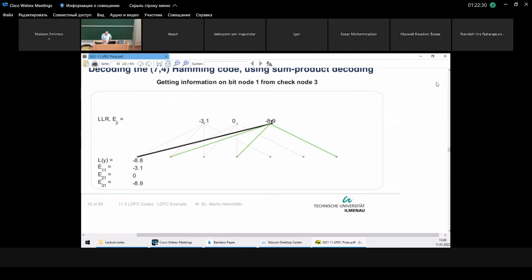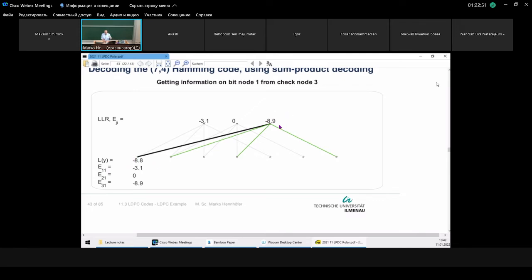But I will get some extrinsic information using check node 3 with, again, these 3 green guys linked to it. Again, asking the same question, what's the probability that the sum of the 3 green guys will be 1? This will be the probability that bit 1 must be a 1.